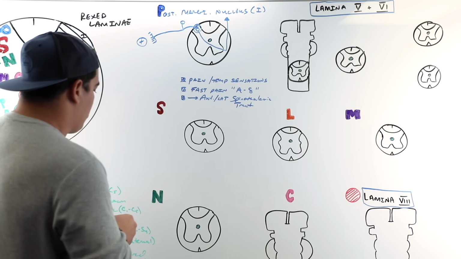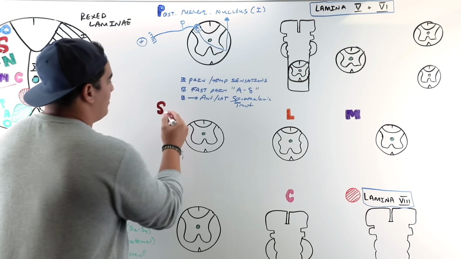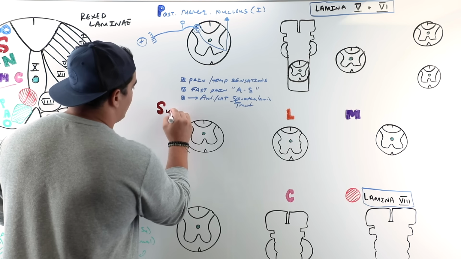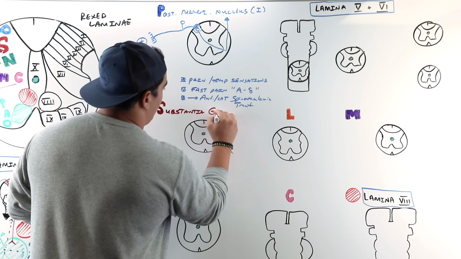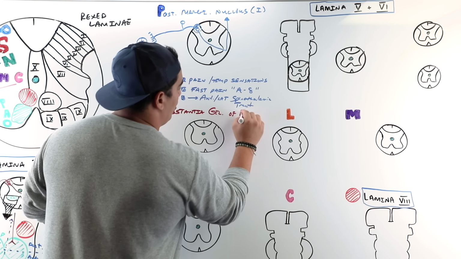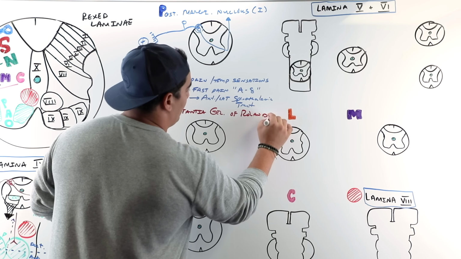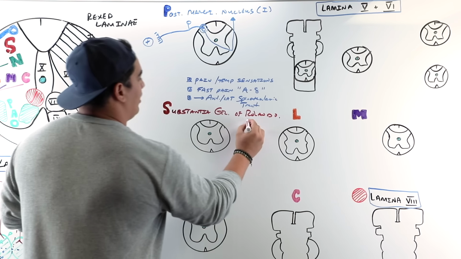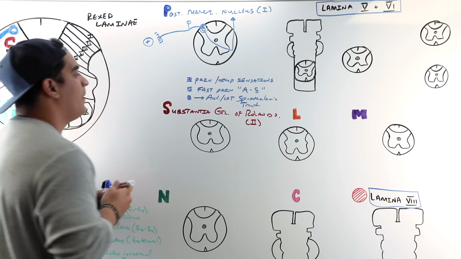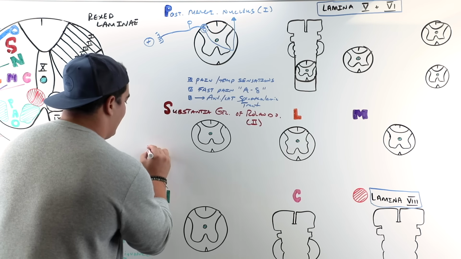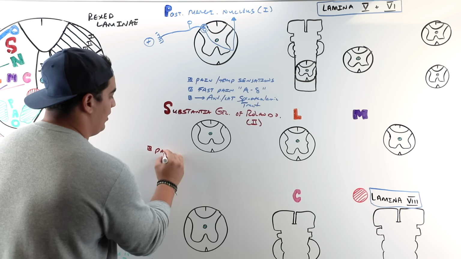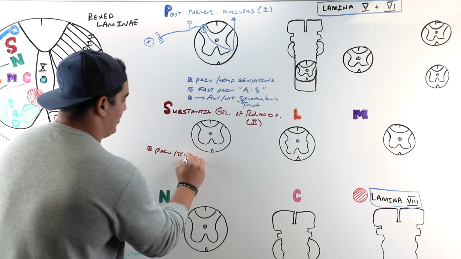Okay, next one we have is the substantia gelatinosa of Rolando, right? This was occupying lamina 2. Now, a couple things that I want you guys to know about this one. This guy also picks up pain and temperature sensations.